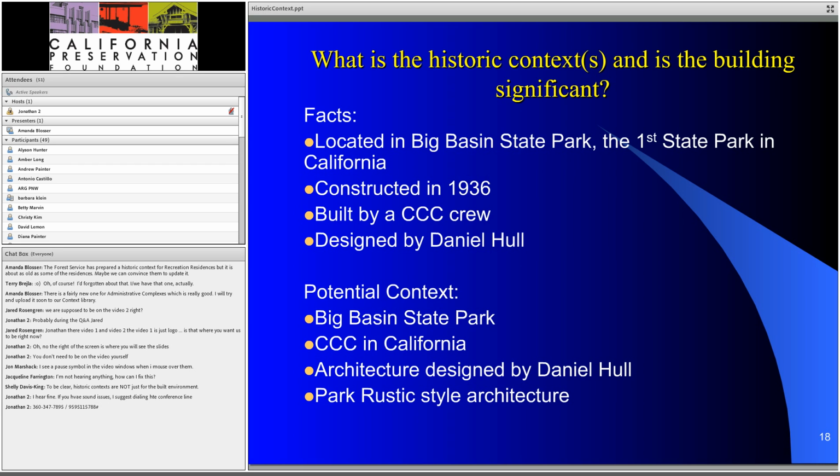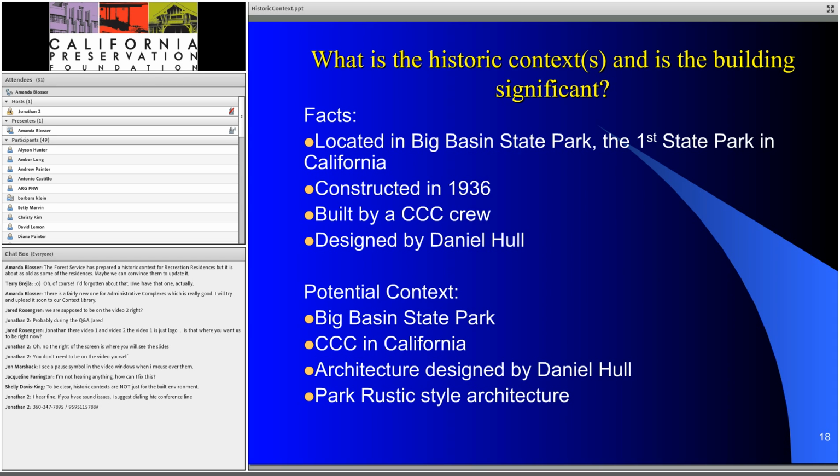facts, is eligible. So potential context that we could identify for this building just right off the bat would be Big Basin State Park and the development of that park. The CCC in California, since it was actually built by a CCC crew.